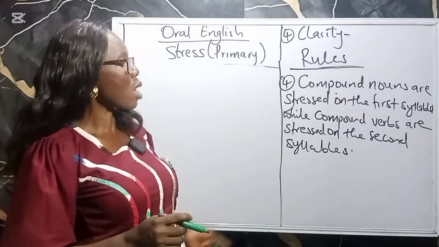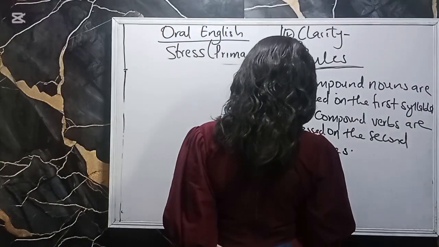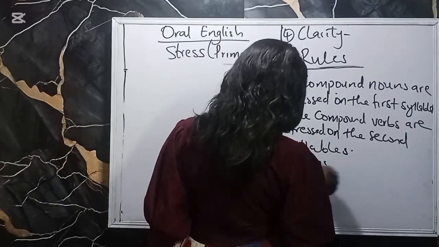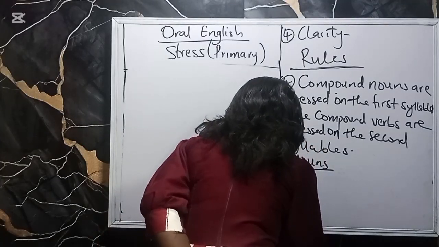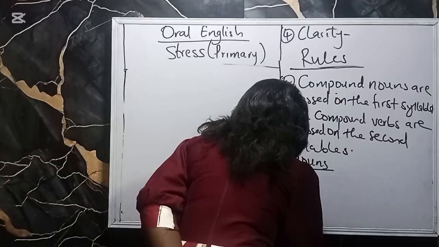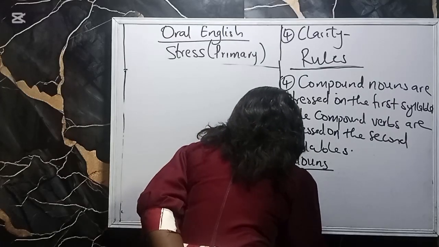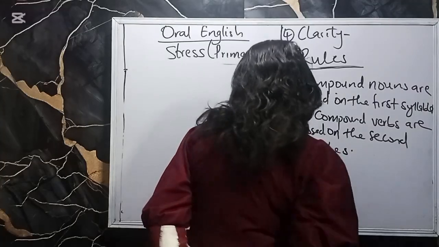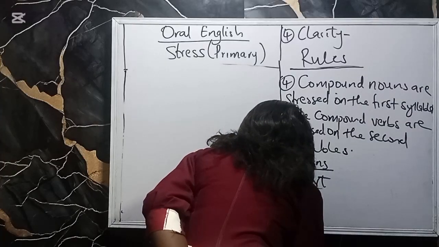Now let's give examples. Compound nouns, we have something like airport. Let's put the capital letter. Then we have greenhouse.